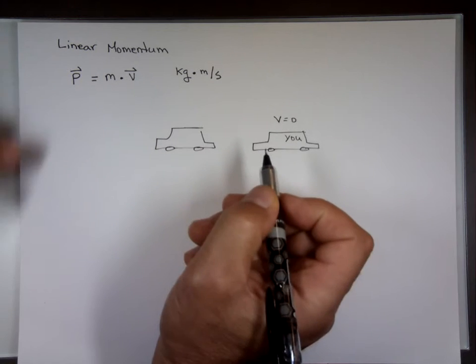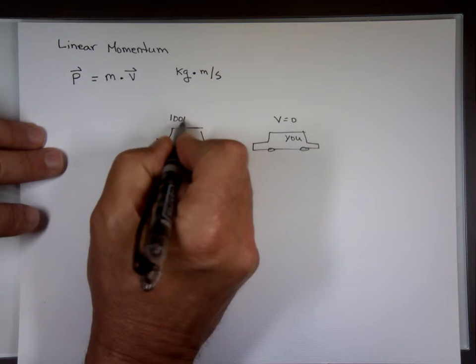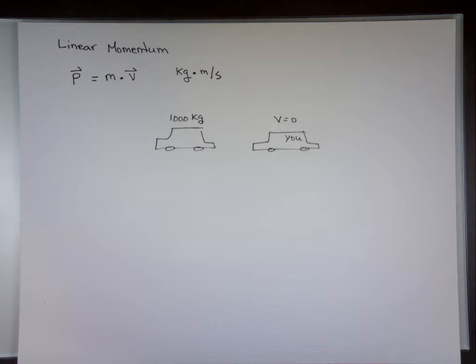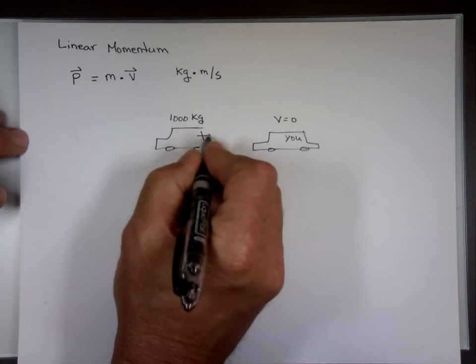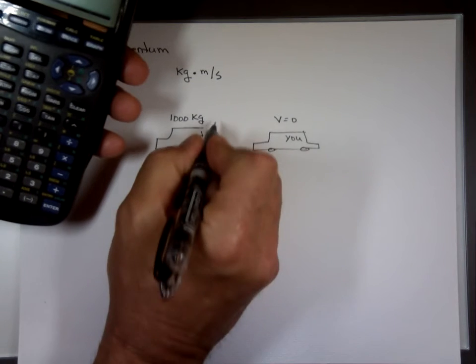It's a medium-sized car, 1,000 kilogram, 2,200 pounds, an average sedan, maybe a Honda Accord, Toyota Camry, or Kia. And the car is moving at 30 miles per hour.